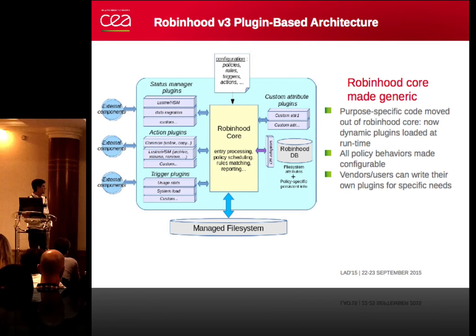So what has been done is moving purpose-specific code out of the Robinhood core. The core is now generic. There is no specific code for Lustre HSM or specific code for purging, archiving, etc. All specific things have been moved out of the core as plugins, in dynamic libraries that are loaded at runtime when you start your Robinhood daemon or command.